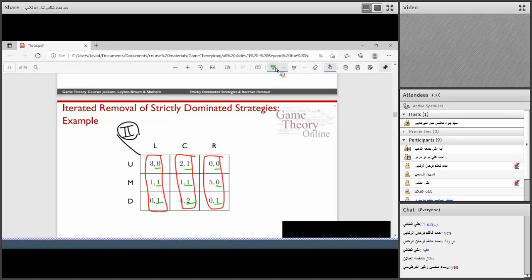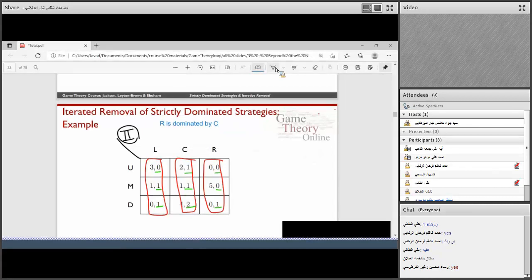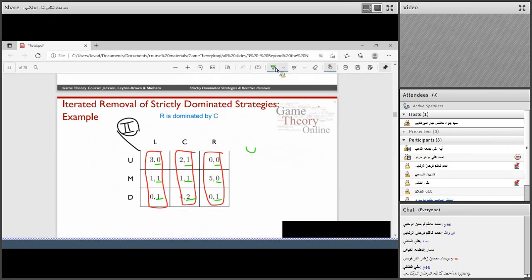Now, when I look at this, I realize R is dominated by C. Don't you agree with me? Because 0 is less than 1, and 1 is less than 2. So I can get rid of R.